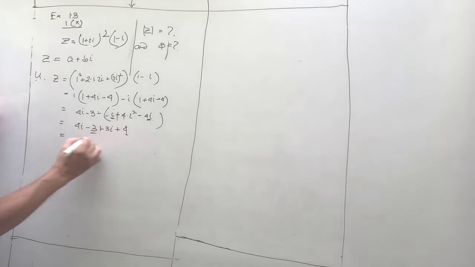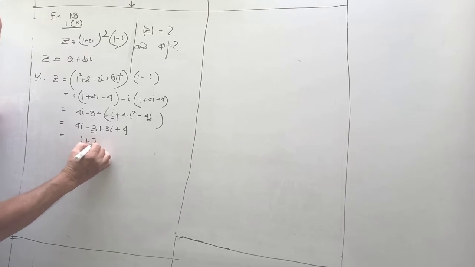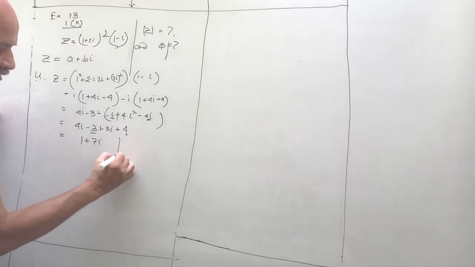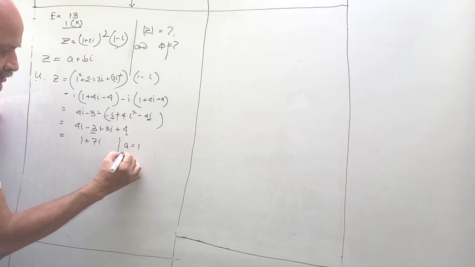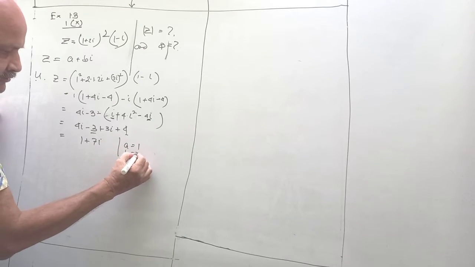Finally we are getting here 1 + 7i, that is a equal to 1 and b equal to 7.